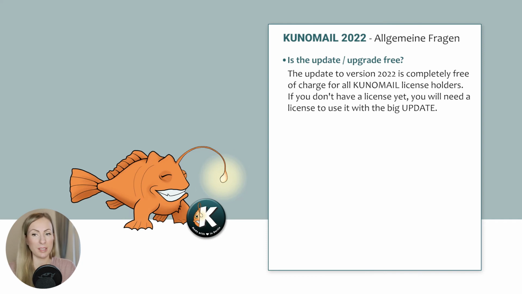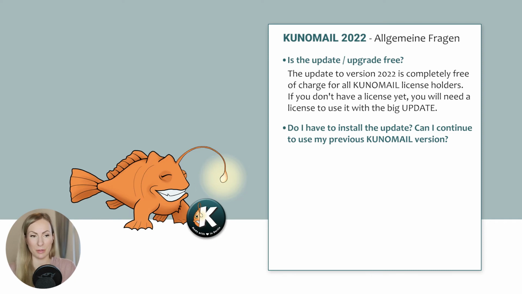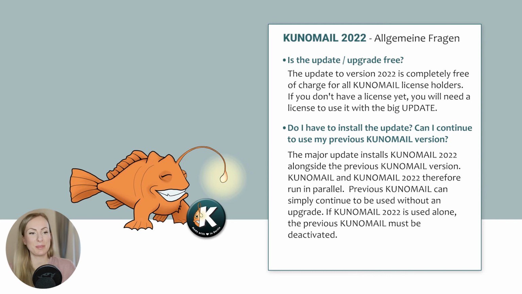The second one: do I have to install the update, or can I continue to use my previous Kunomail version? So Kunomail and Kunomail 2022 run in parallel, so this is possible if only Kunomail 2022 is additionally activated and installed.